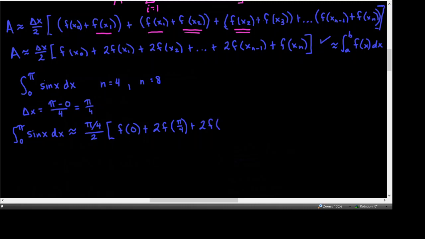So we'll have 2 of the function outputs of pi over 2. Then move another pi over 4. That was 2 pi over 4, so we're now at 3 pi over 4. And when I move pi over 4 to the right from 3 pi over 4, I end up at pi, which is my last value.